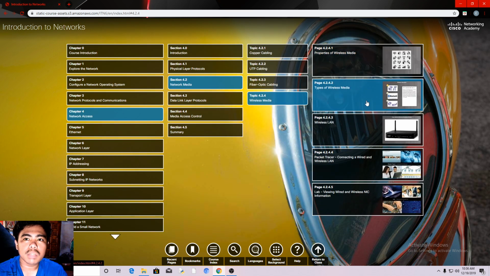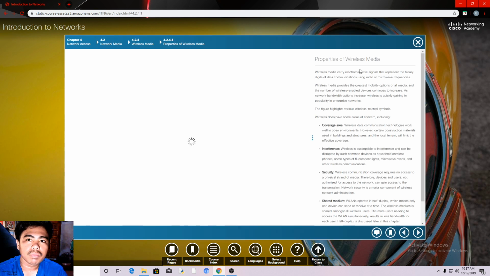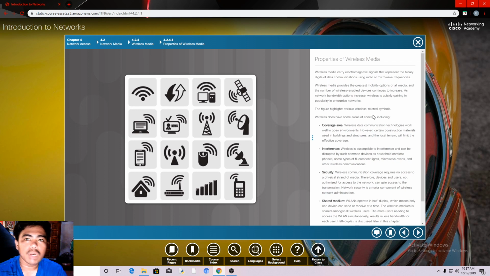And for our wireless media, the properties of wireless media are that they carry electromagnetic signals that represent the binary digits of data communication using radio or microwave frequencies. In the picture, I think this is the logo of Wi-Fi, this is the logo of a wireless TV, and this is the logo of a wireless tower.